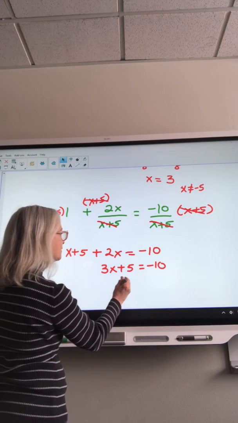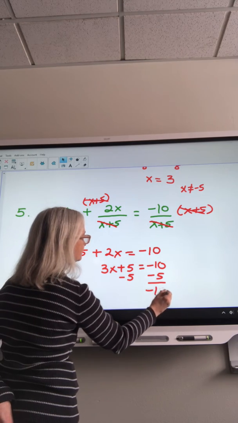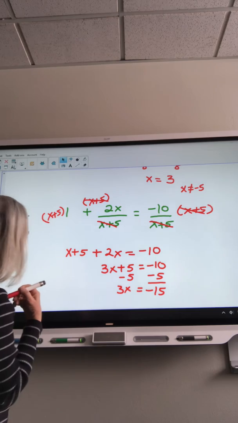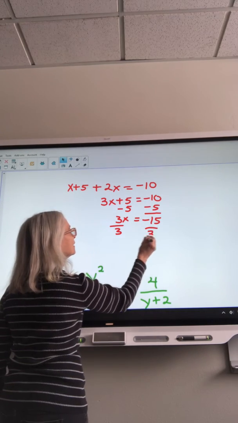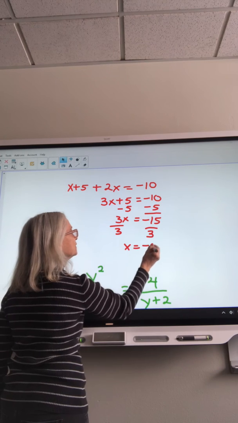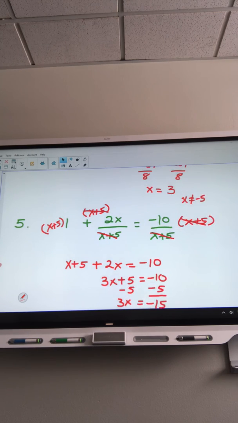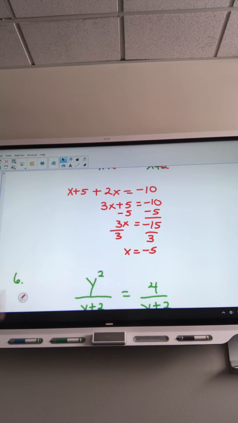If I were to take away the 5, I'm going to have a negative 15 is equal to 3x. And then if I divide by 3, x is equal to a negative 5. So if x is equal to a negative 5, let's see if that's what we decided it couldn't be. Sure enough, x cannot equal a negative 5. So for this one, we have no solution.